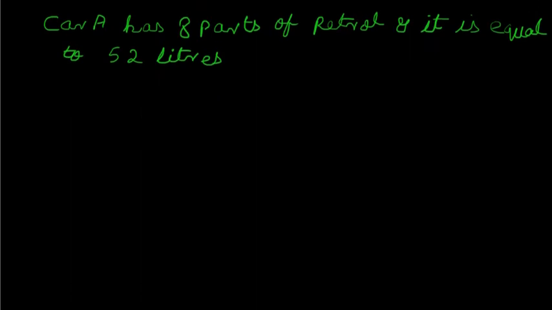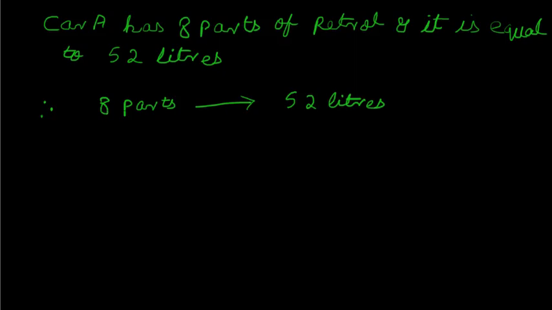Let me write it in a more mathematical way. Hence 8 parts is 52 liters. As this is the unitary method, we have to make this 8 equal to 1. To make it equal to 1, I am going to divide both sides by 8.